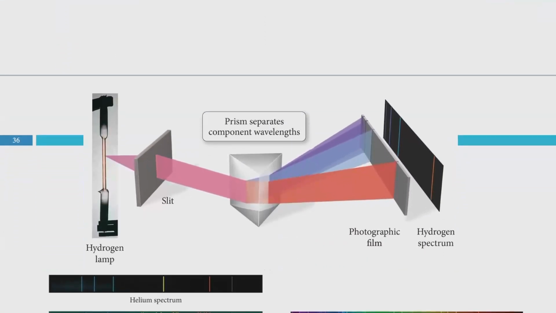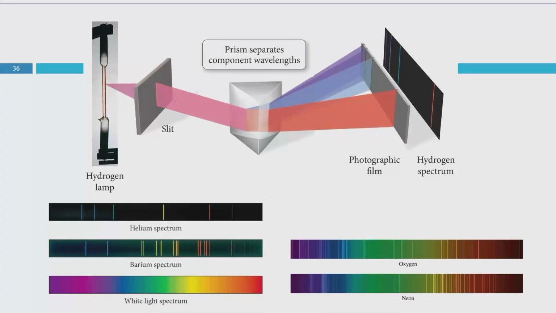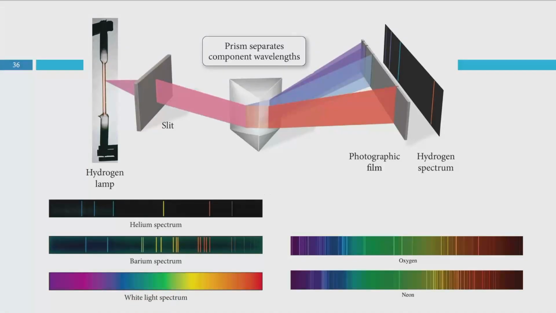So this is what a setup might look like, and a bunch of emission spectra, including a white light spectrum for comparison. If we're doing atomic spectroscopy, we take our sample, we put it into a lamp, we hit it with a bunch of energy, kind of like a neon sign lamp. You pass that light through a slit.